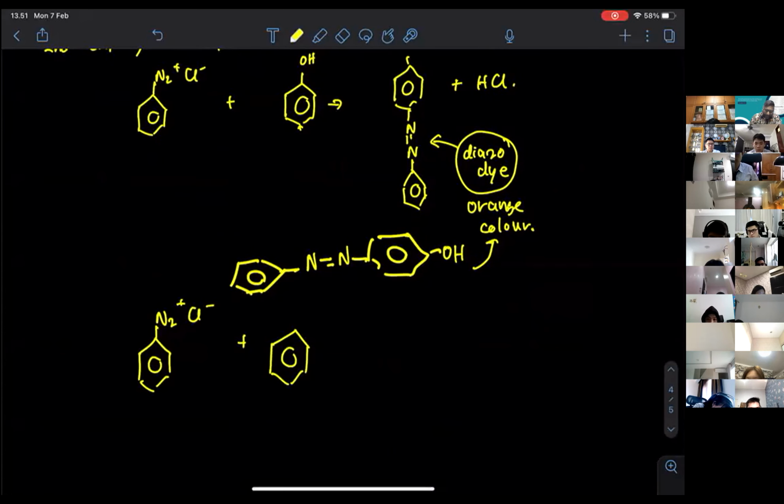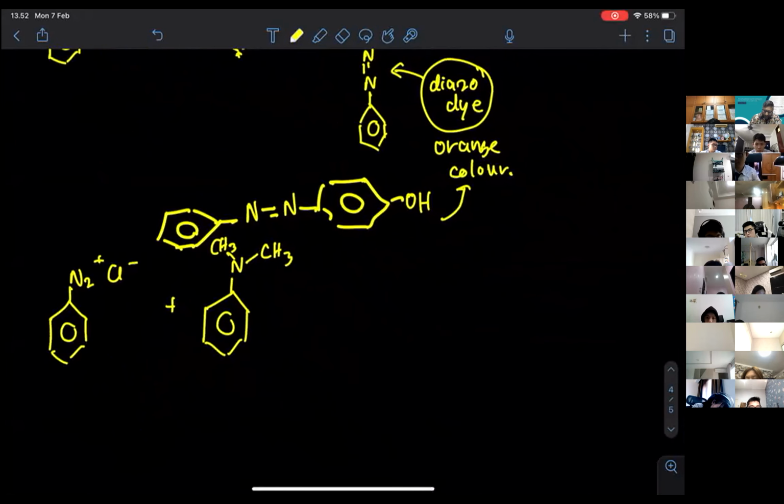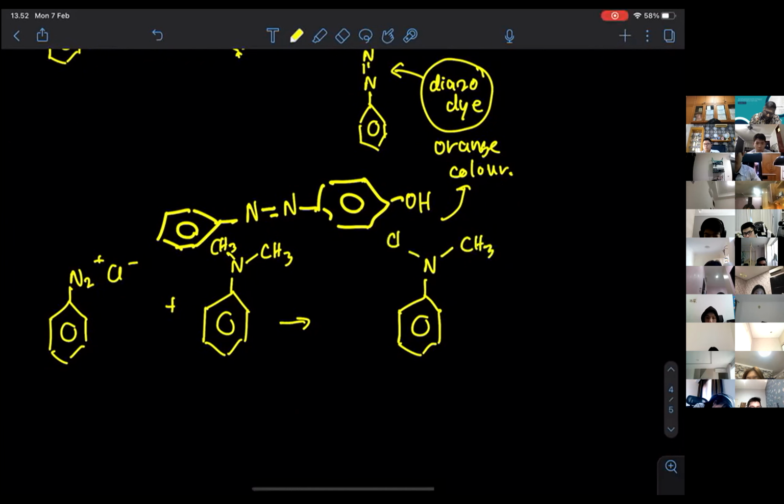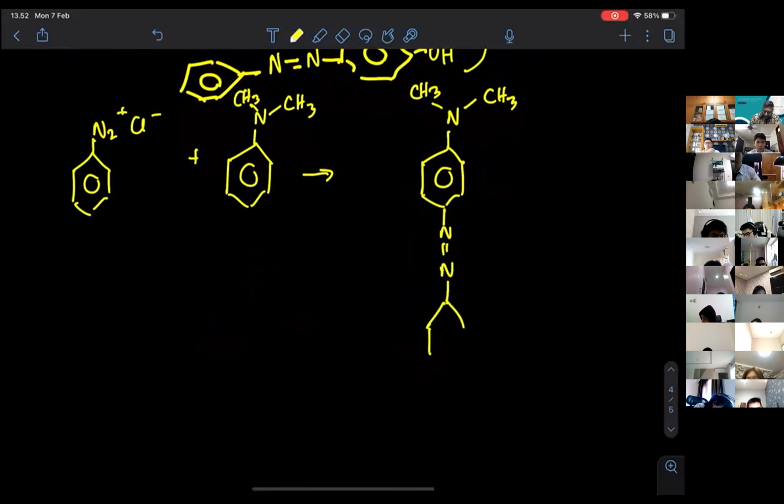Sometimes they put nitrogen with CH3, CH3 instead of phenol. So if you have that, the reaction is going to be like this. I draw quite fast over here. This is still nitrogen, CH3, CH3. Here you will have nitrogen, double bond nitrogen, and then this molecule.